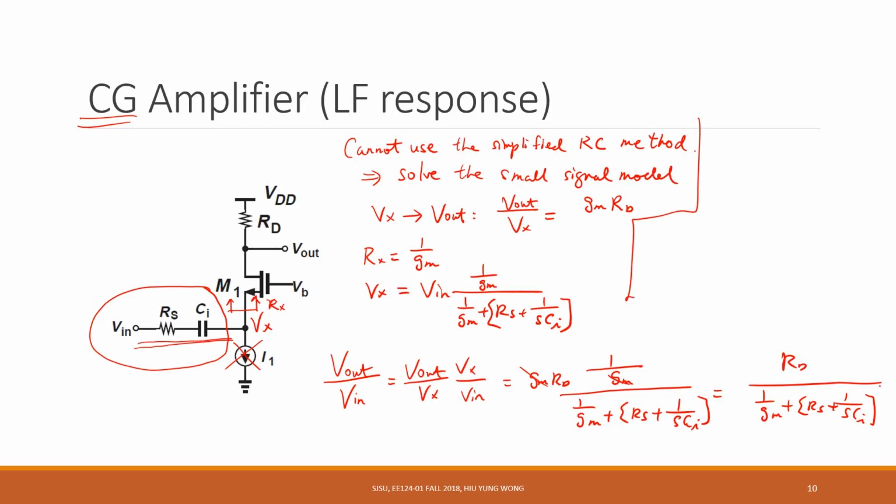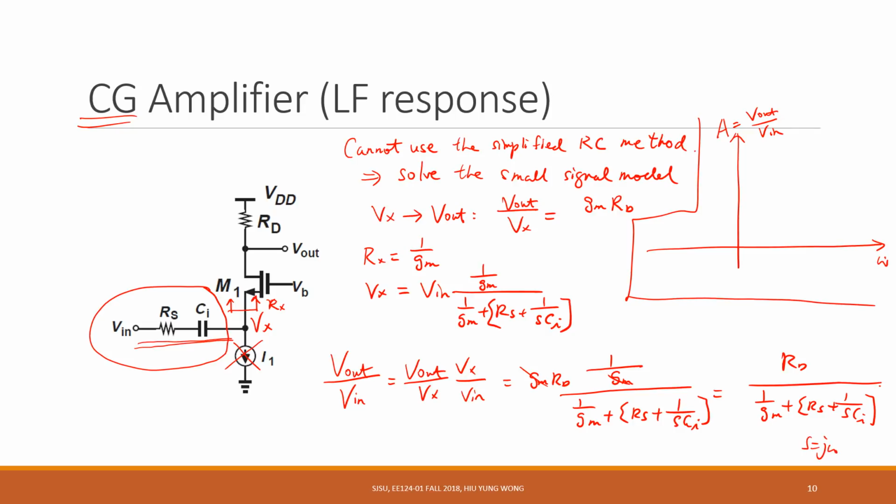So we can plot the Bode plot of this. This is the gain, equal to V out divided by V in, and this is the frequency. So imagine when frequency is very, very small, what happens to this term? S is just j omega, right?